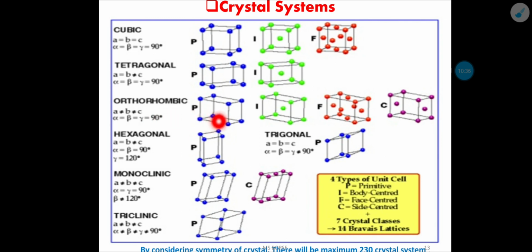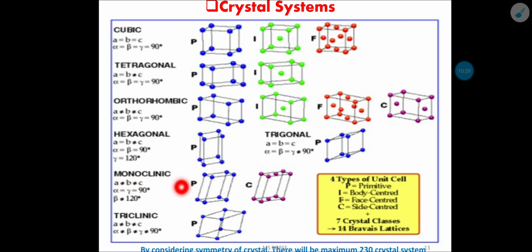Orthorhombic has four possibilities: simple orthorhombic, body center orthorhombic, face center orthorhombic, and end center orthorhombic. Then trigonal is only simple trigonal. Then hexagonal, only simple hexagonal.